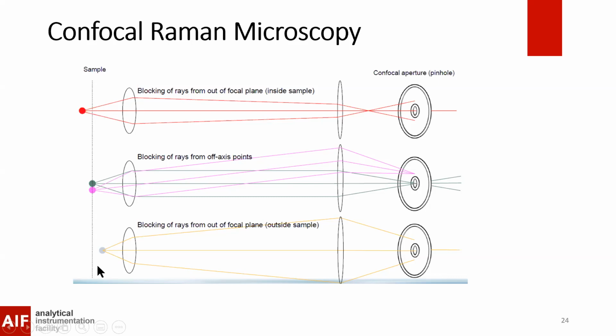Light from below or above the sample, or from a position that is not right, cannot go through the pinhole. It will be blocked and cannot reach the detector. So only the Raman scattering light from this spot can go through, and that gives you a better spatial resolution, both lateral spatial resolution and depth resolution.